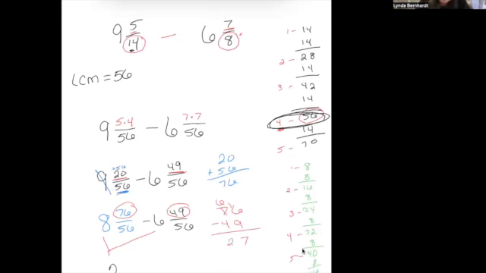So that will give us a 27 over 56. So our final answer should be 2 and 27 over 56. So this is our final answer. That is how much more cement needed for the larger sidewalk.